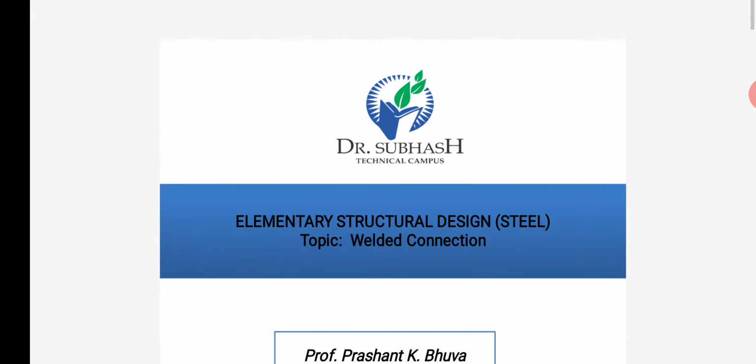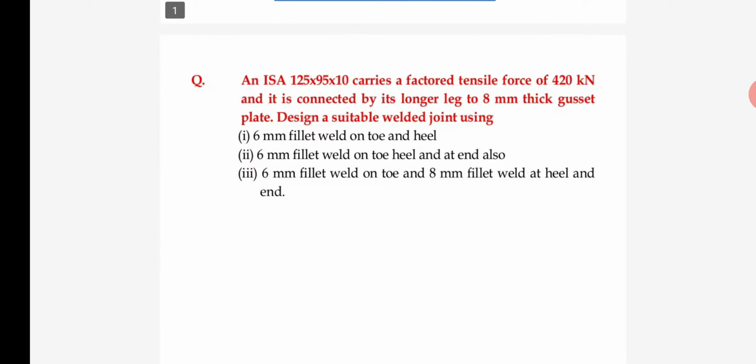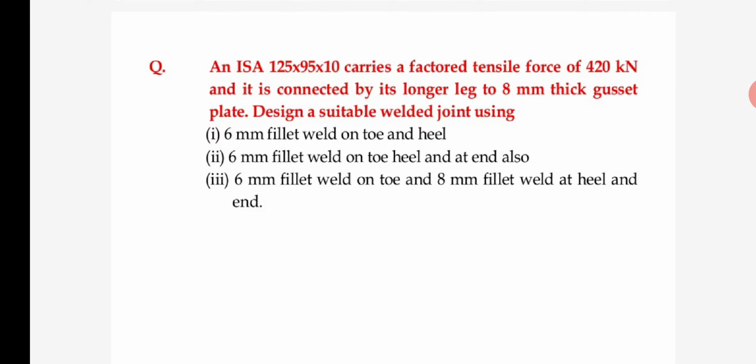The data of the example, as you can see on your screen: an ISA 125 by 95 by 10 carries a factored tensile force of 420 kilonewton and it is connected by its longer leg to an 8 mm thick gusset plate.